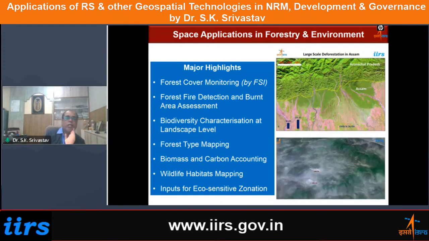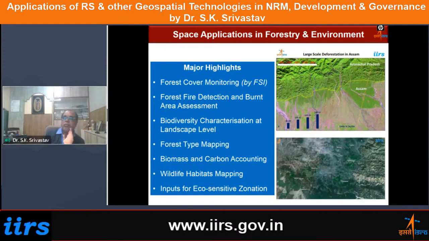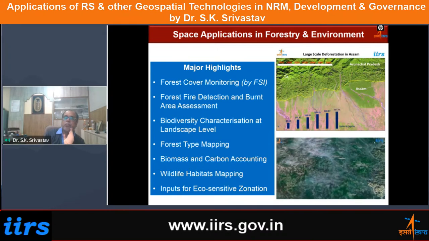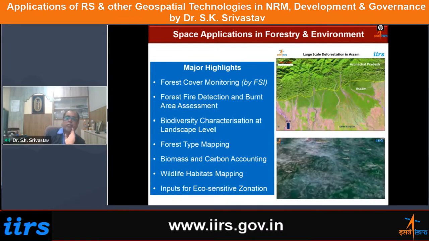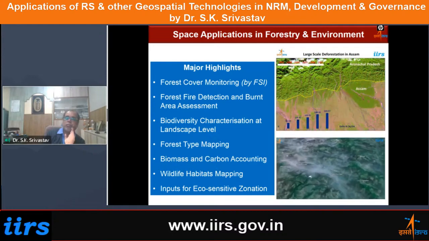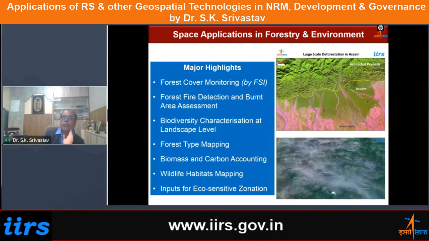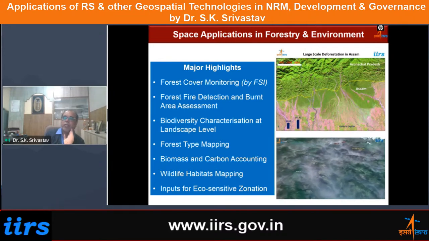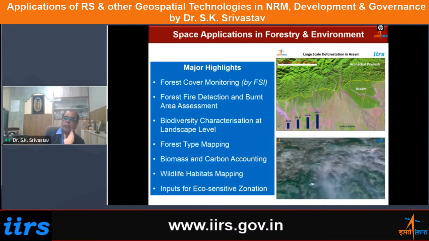Also these days, not only satellite remote sensing, people are also using mobile applications to geotag the forest fire locations. It can be done by government officials, and it can also be done by the public.